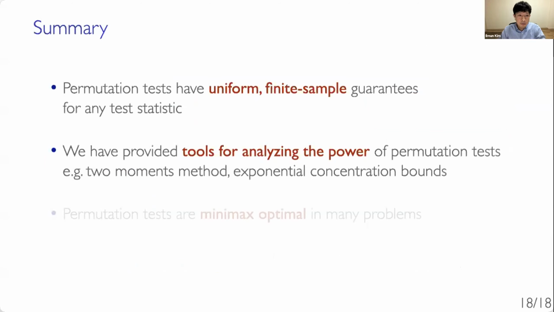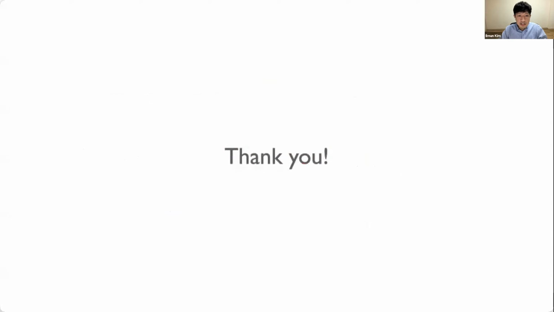So in this work, we have provided tools for analyzing the power of the permutation test, including the two moments method and exponential concentration inequalities for a permuted statistic. Using these tools, we have demonstrated that the permutation test has minimax optimal power in many problems, which gives a strong justification for the use of permutation tests in many practical applications. Okay, so that's what I want to say today, and thank you for your attention.